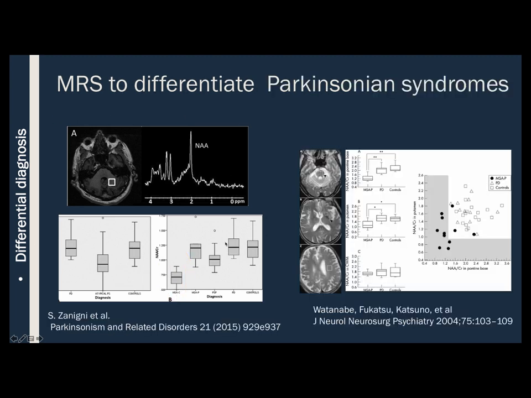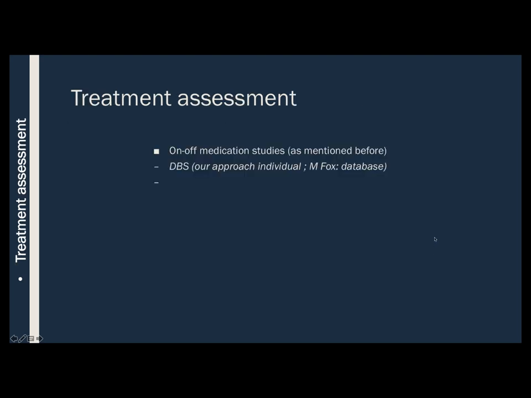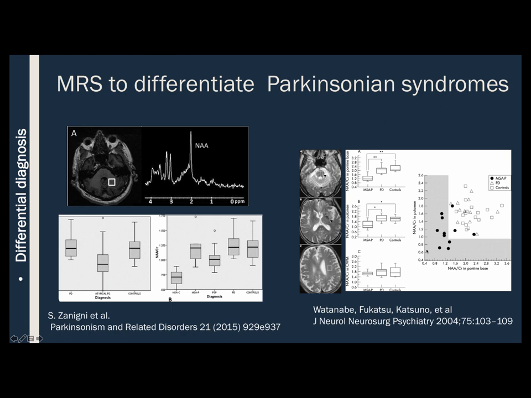There are also very clear differences in the MSA-C when you separate that particular type of disorder. However, if you mix them all, you can't. And this is one of the few cases where you can see in this brain area that there really is a separation between the different patients.